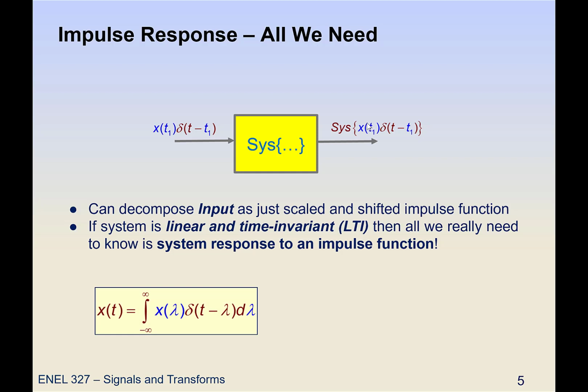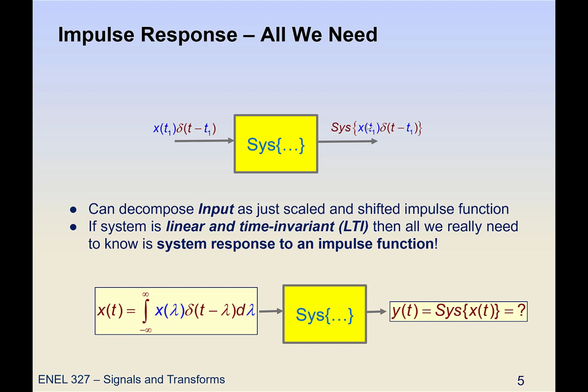Because if we know that, then we can reconstruct x as a linear superposition of those. Because the system is linear, all we need to do to find the response is find the response to that impulse.